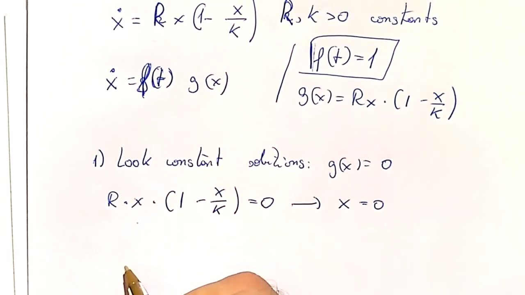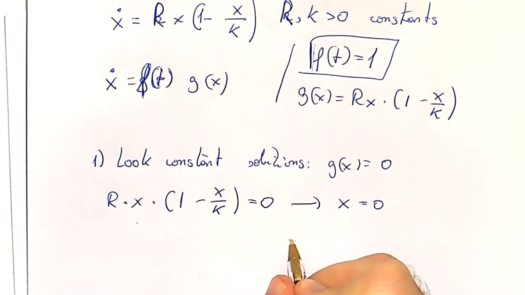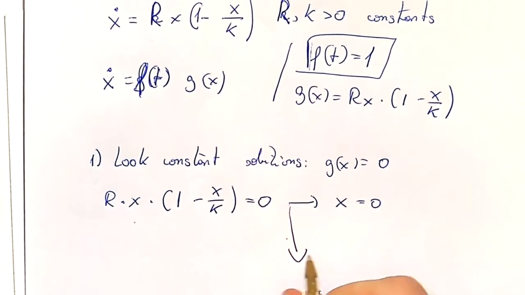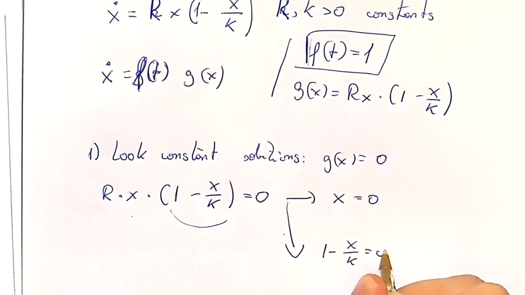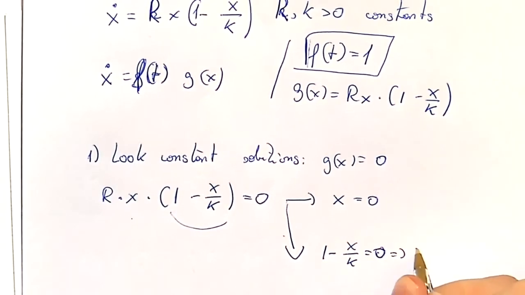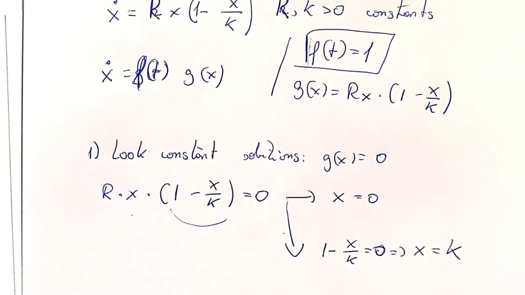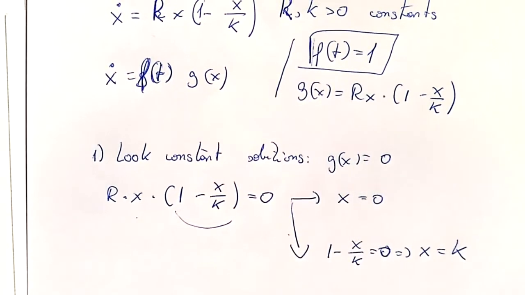Do not divide by x automatically. And the second case is that the parentheses is 0: 1 - x/k is equal to 0, so x is equal to k. Again, I'm looking for constant solutions, and I'm just making my g of x equal to 0. Got the constant solutions.